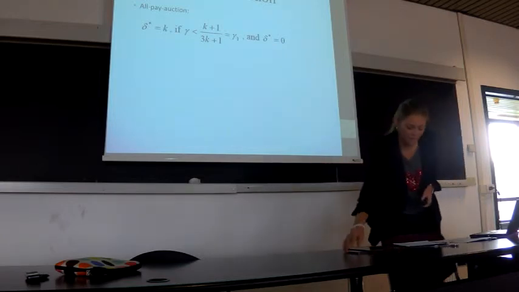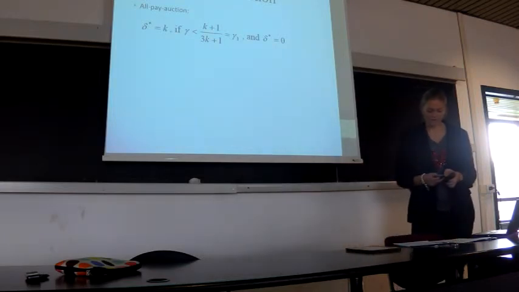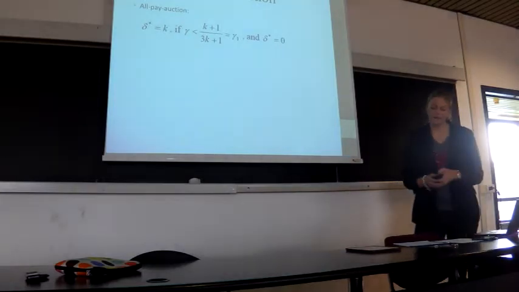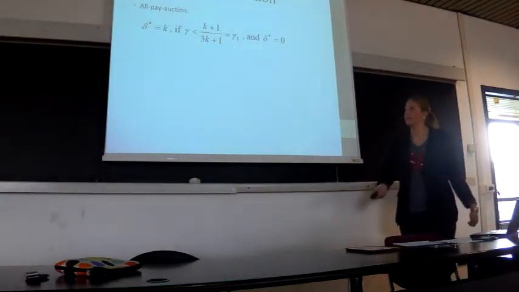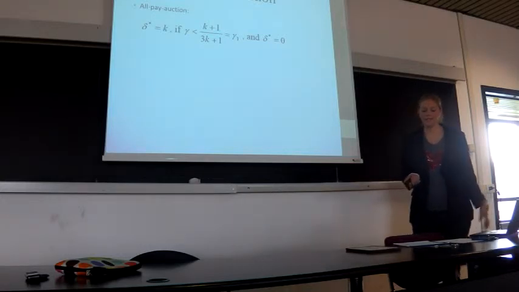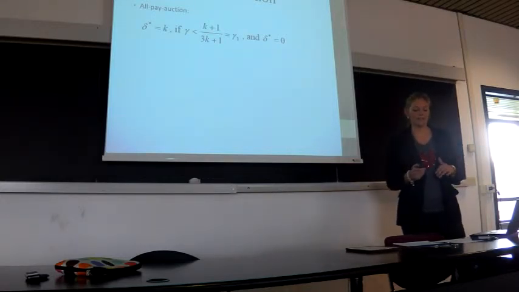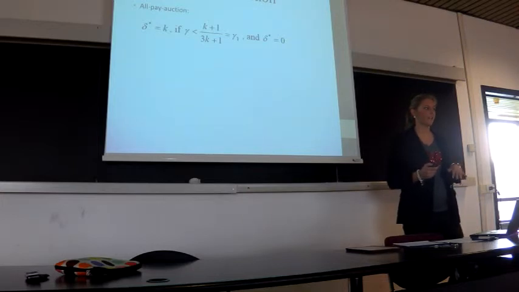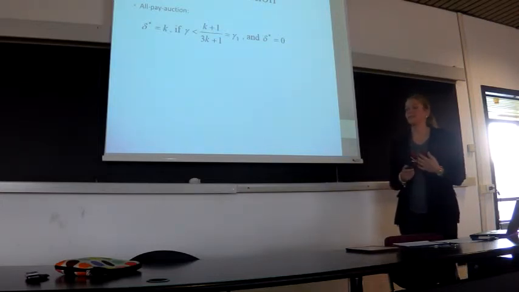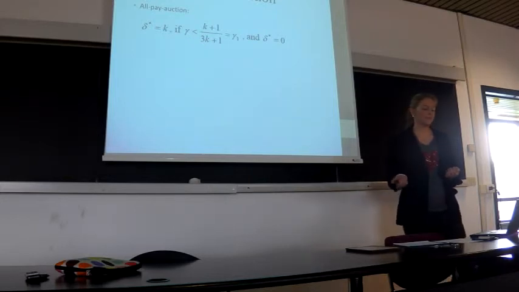If the designer sets the optimal bias, where sigma equals k, it eliminates the advantage of contestant 1, so it makes it a fair contest. And this also maximizes the utility of the designer.